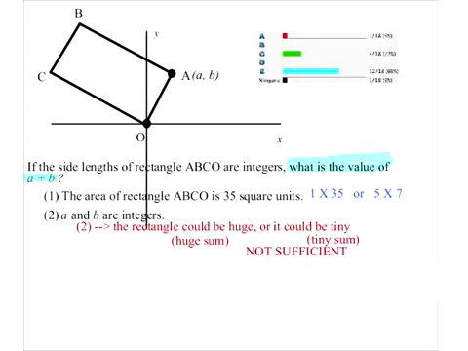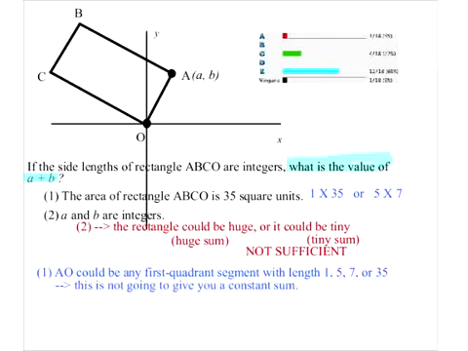So AO could be any first quadrant segment with length 1, 5, 7, or 35. So this is not going to give you a constant sum. Questions about that? Smiley face if that makes sense. So this is also not sufficient.